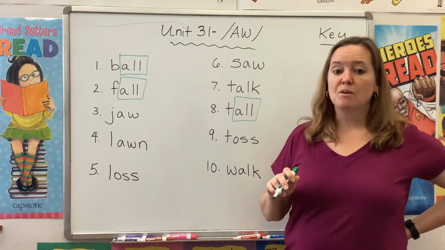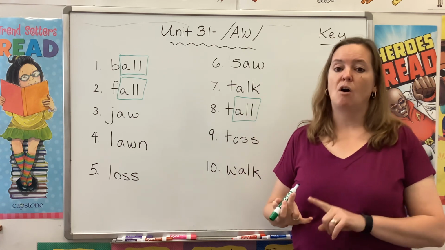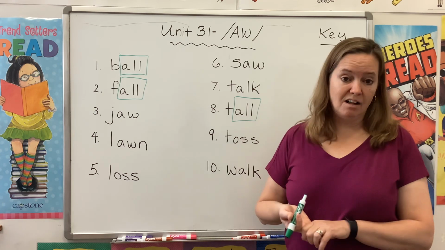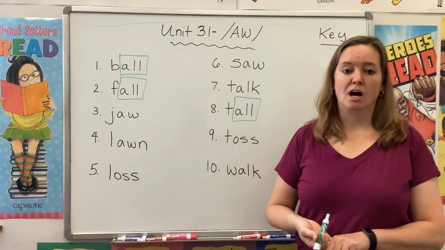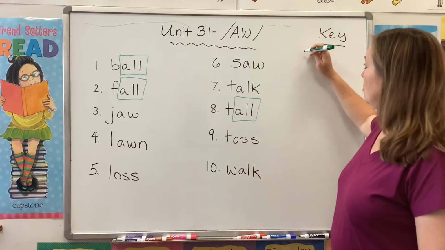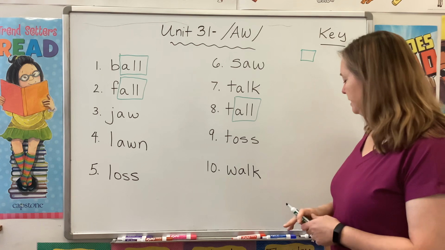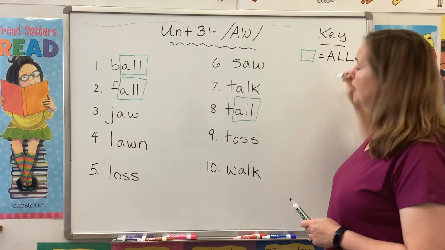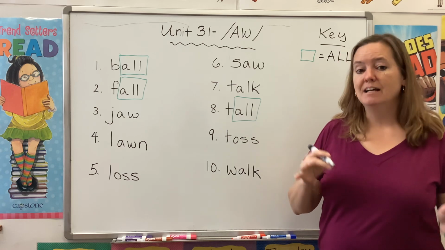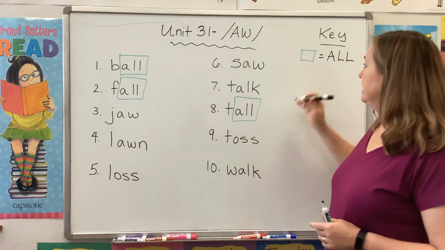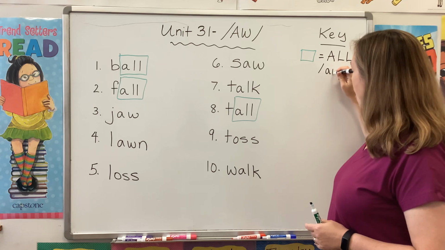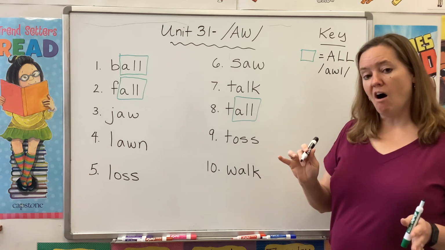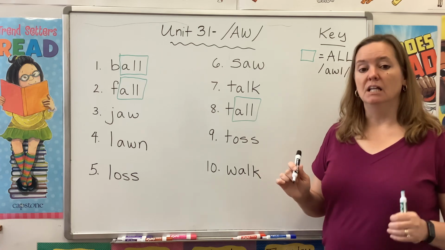Okay? We have other words in our language as well, like hall and small, stall. So this is a really good chunk for you to learn. So over here, green box equals A-L-L. And whenever we see A followed by 2 L's, it's going to make that all sound. Okay? We're going to hear the aw, and then we're going to hear the l.